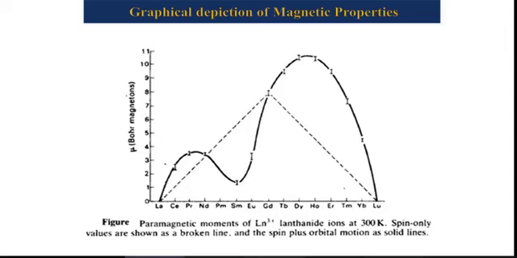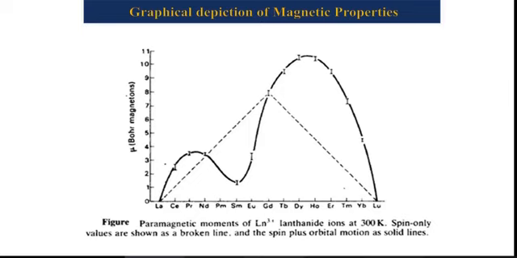Surprisingly, the dotted line and the solid line match at gadolinium. Both observations reflect the same story, and that's why I said that in the case of gadolinium, no orbital contribution takes place. For the remaining elements, there are deviations. If you see cerium, the value for spin comes in this range, whereas experimentally it is found a bit higher.